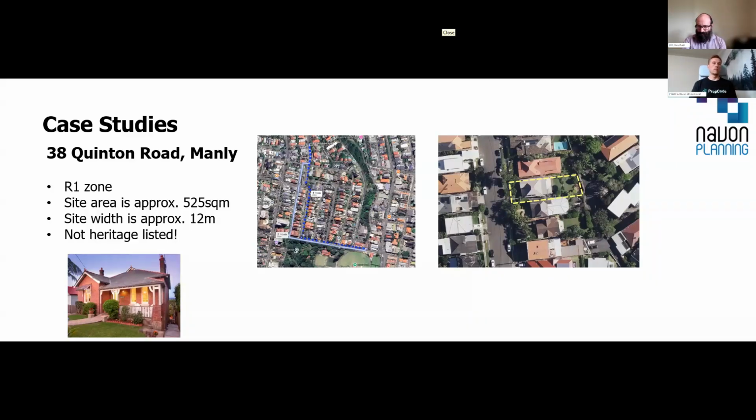I've also done a little Google walking map there. I think it's 700 or 600. Can't really read it, but it is within 800 meters, according to this, of the town centre. And in the right aerial, you'll see that's just an aerial of the actual property. You can see it's in a typical suburban area. And the property is 525 square meters. And remember that number because it's quite important.